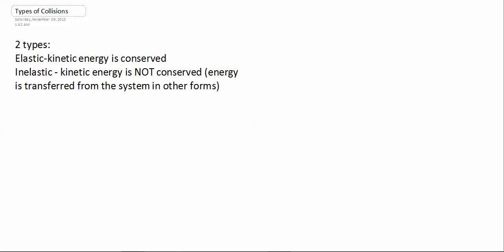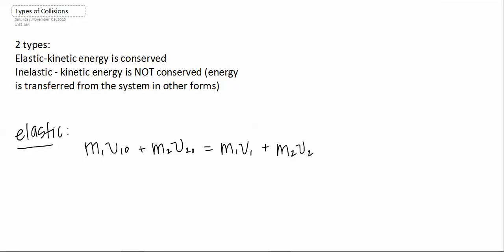So let's look at elastic collisions. Your momentum is going to be conserved, so it's going to obey the m1 v1 initial plus m2 v2 initial is equal to m1 v1 plus m2 v2 equation for the conservation of momentum.